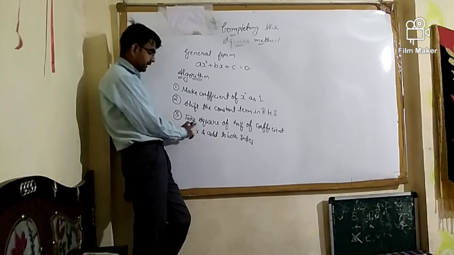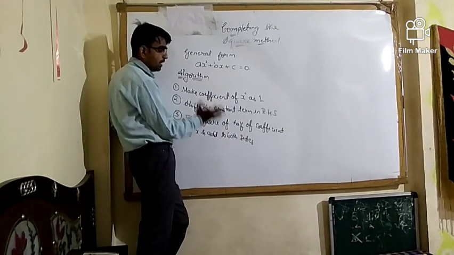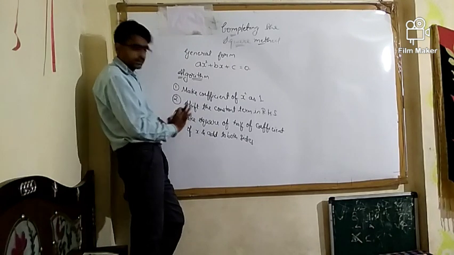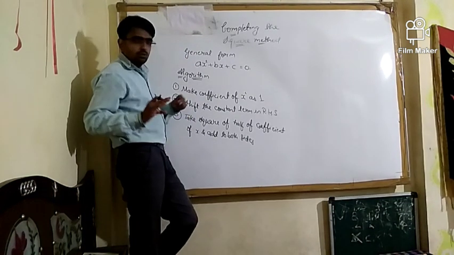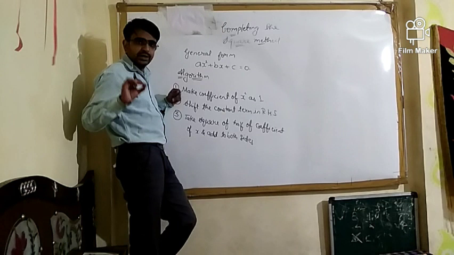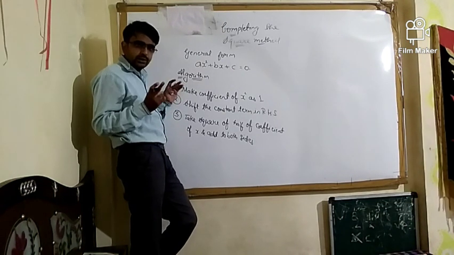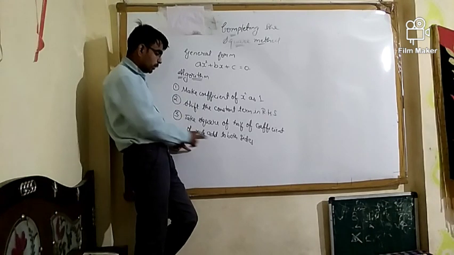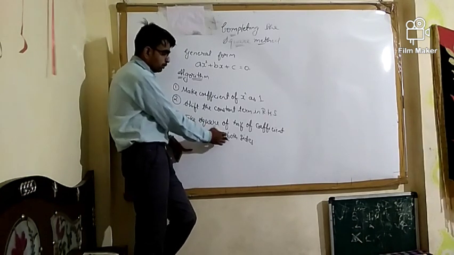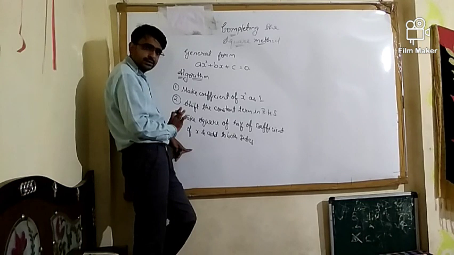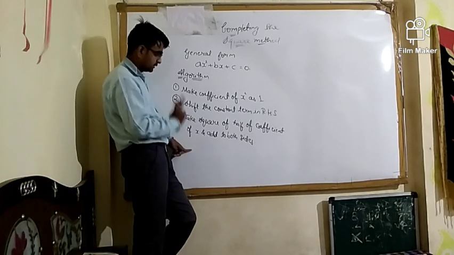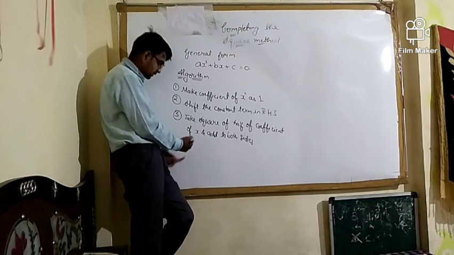Now, after this, we will take the square of half of the coefficient of x. That means whatever the coefficient of x is, we divide it by 2 and then square it. After squaring, we add that to both sides, that is, in LHS as well as in RHS. This is the third step.